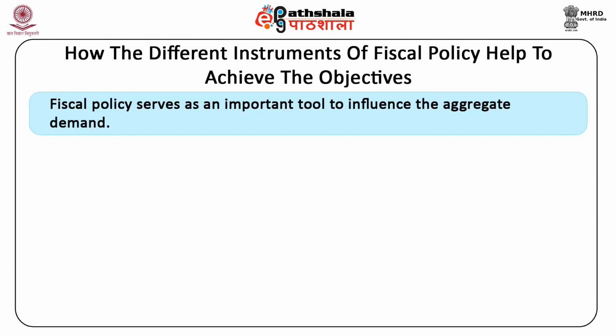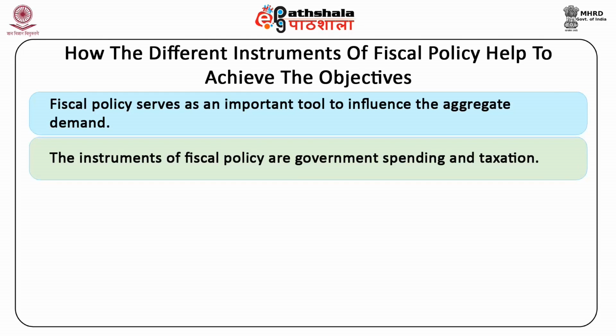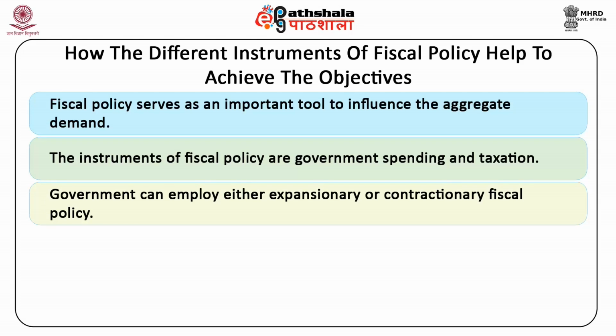Let's now understand how the different instruments of fiscal policy help to achieve its objectives. Fiscal policy serves as an important tool to influence the aggregate demand. As we have mentioned above, the instruments of fiscal policy are government spending and taxation. Depending upon the existing situation of the economy, government can employ either expansionary or contractionary fiscal policy.